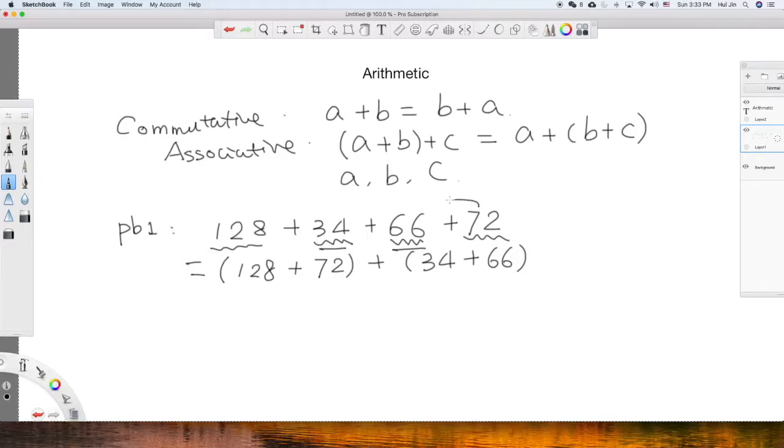Commutative, by moving 72 to the front. Associative, I'm calculating 34 and 66 first, before I'm not adding 34 and then adding 66. I'm adding 34 and 66 together. So this equals 200, the first parenthesis, and the second parenthesis is 100. So the whole thing equals 300.